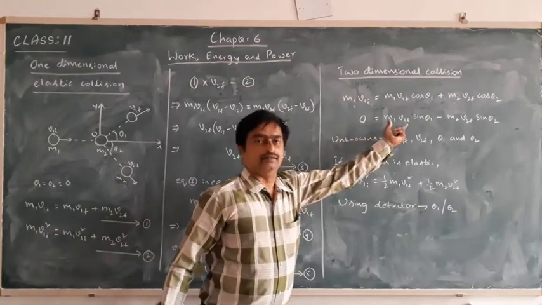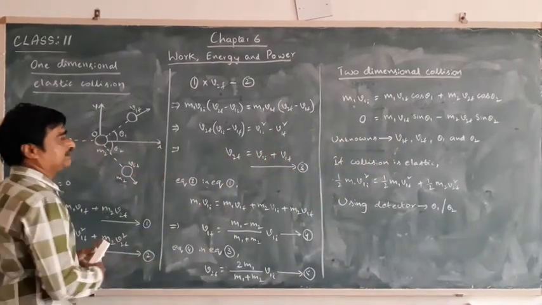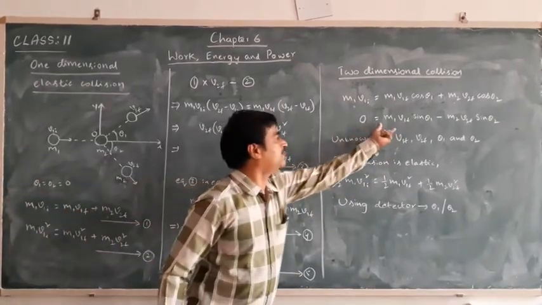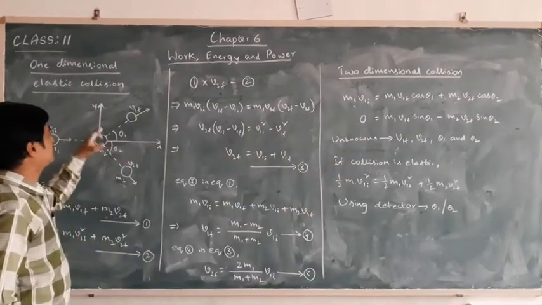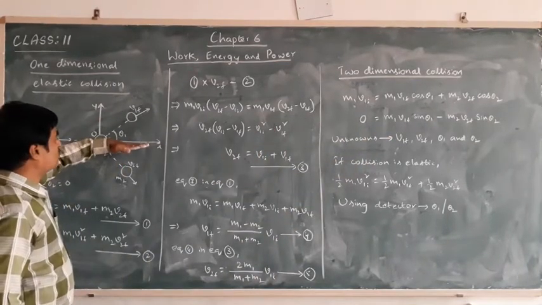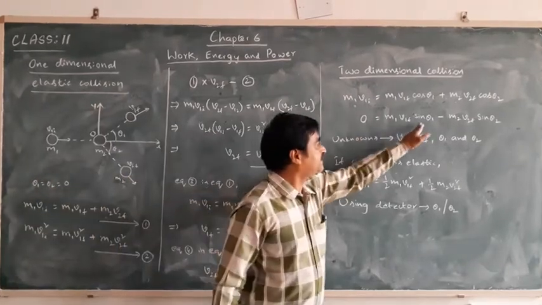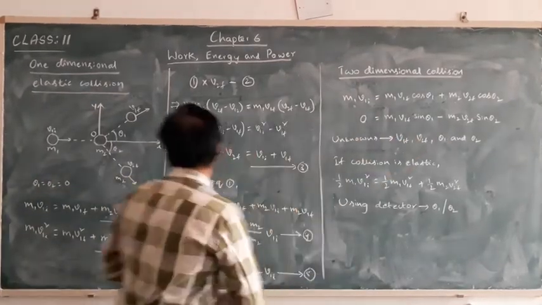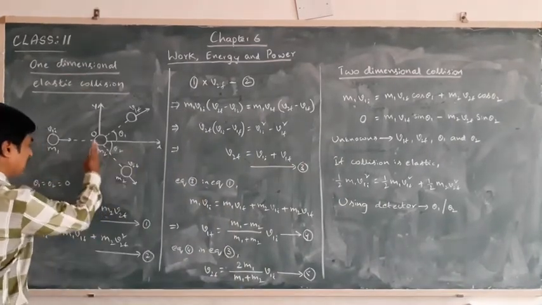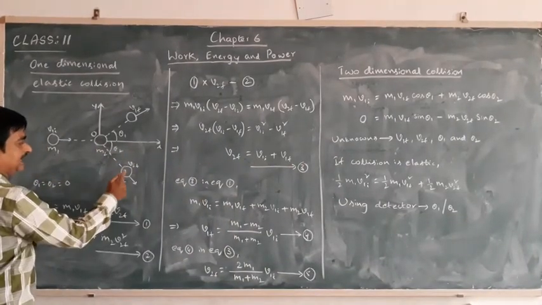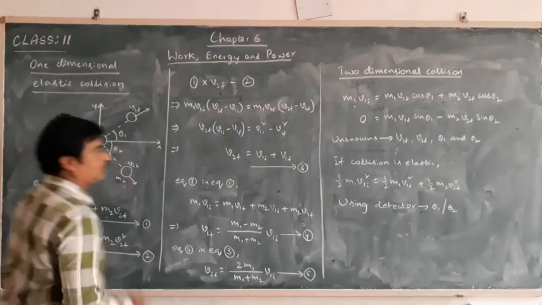Then the momentum value after collision in the y direction is m1 v1f sin theta. If this is cos theta, this becomes sin theta. m1 v1f sin theta 1 minus, this is in this direction, it will be along this direction, m2 v2f sin theta.